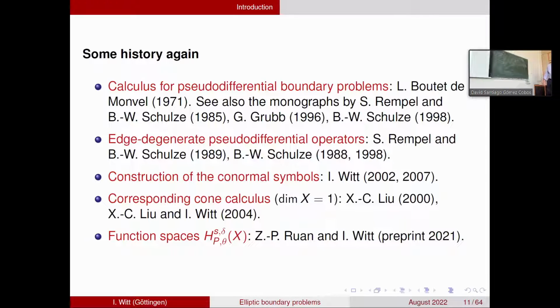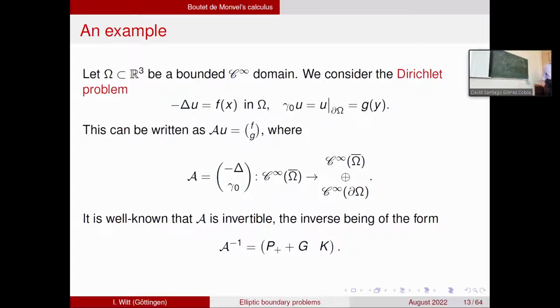Okay, so then we start with an example, and I could do it in basically any dimension, but I want to have nice formulas, so I work in 3 dimensions. Omega is a bounded smooth domain, and we consider the Dirichlet problem.